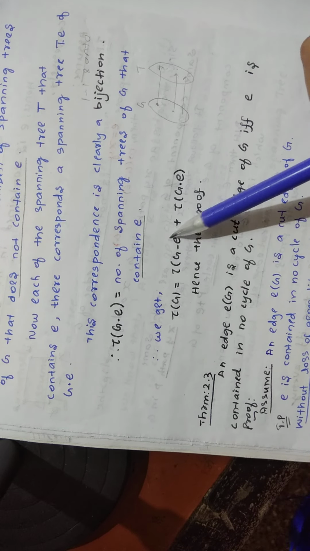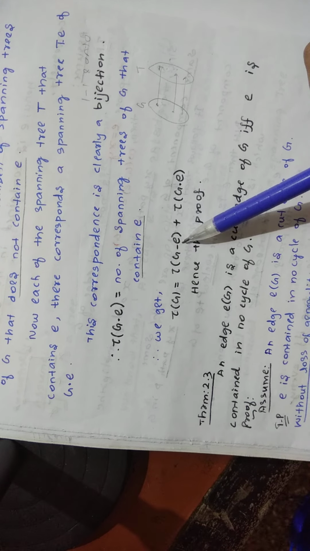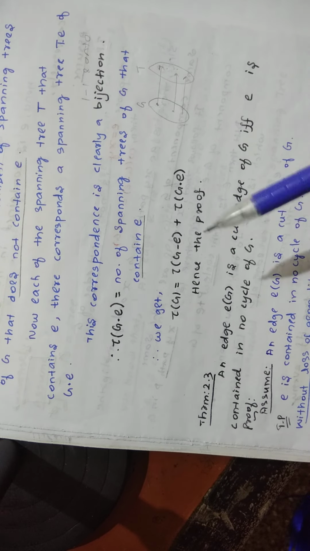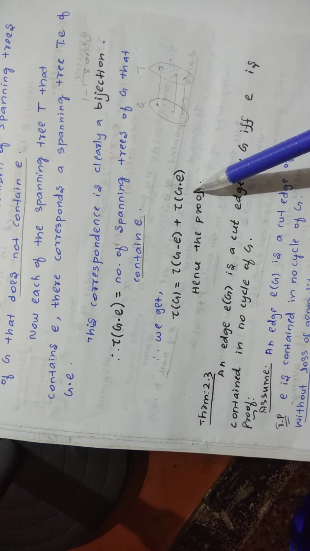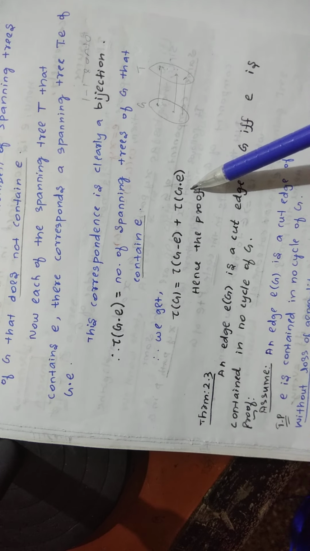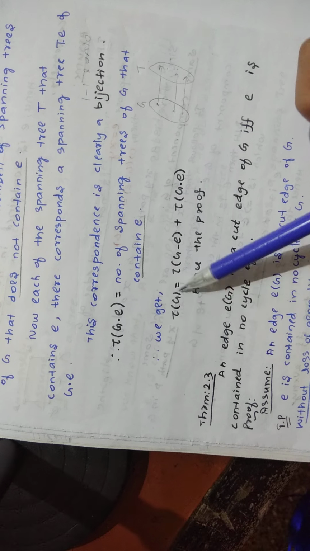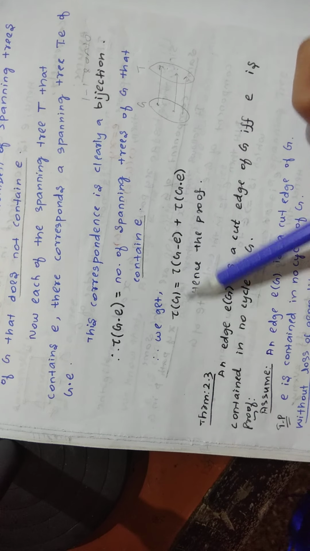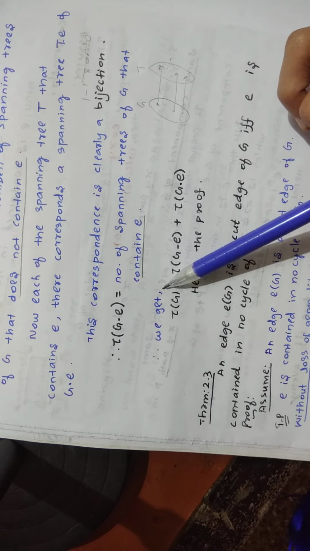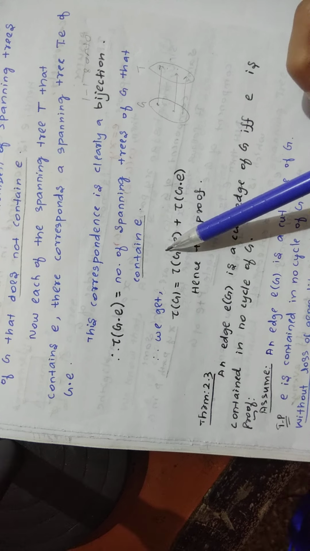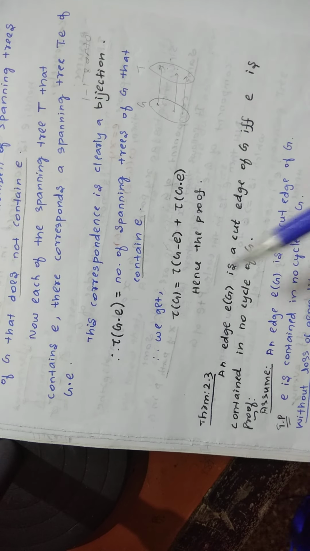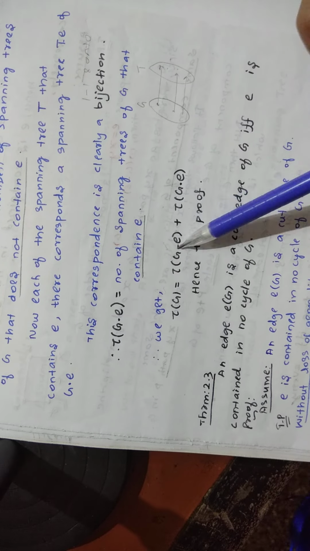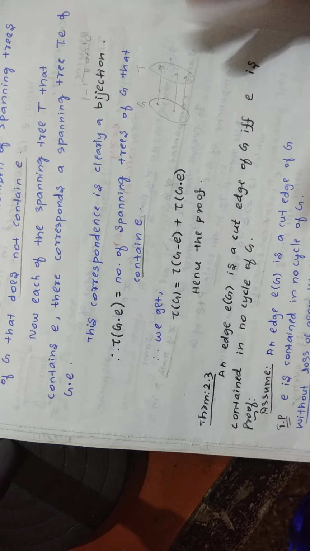But here you are eliminating this edge E. So here you are not having that E, but here you have that E. Okay, so the number of spanning trees of G will have that edge E. Here you don't have that E, but here there is an E. So anyways, when you add these two, you will get that E, right?